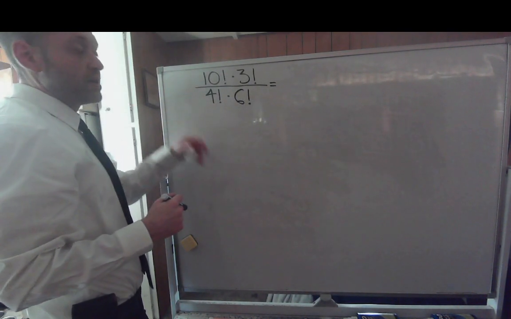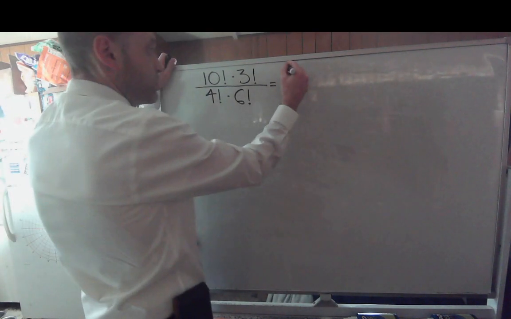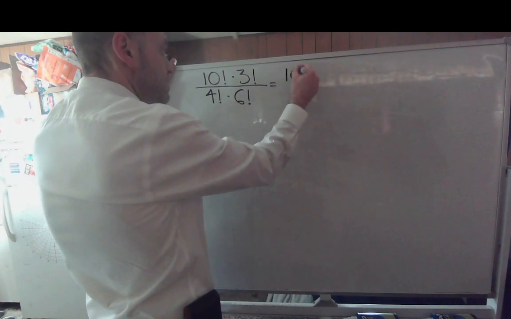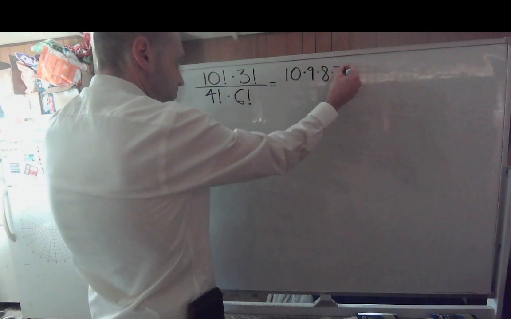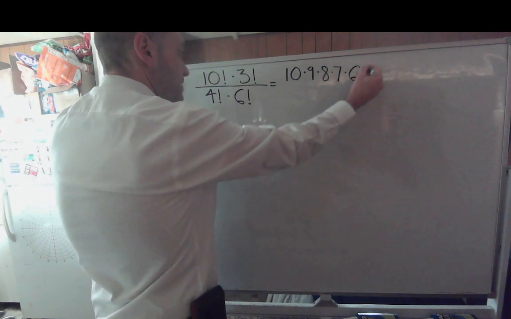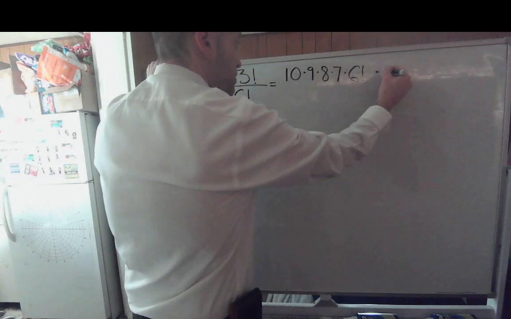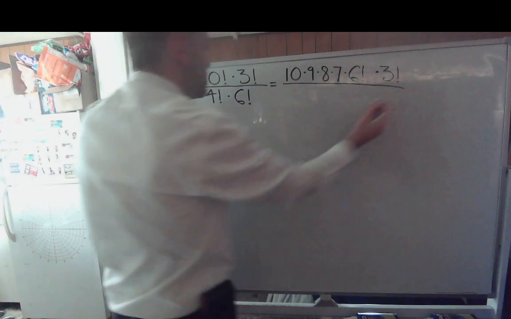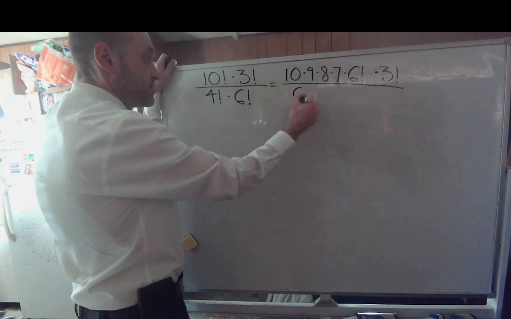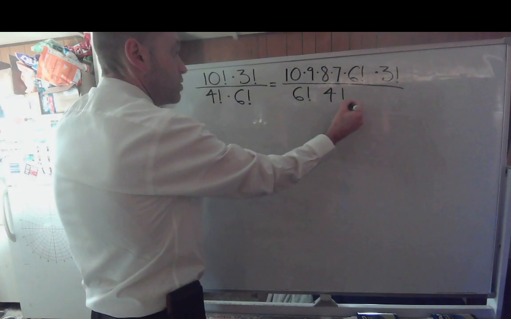That tells me that we should probably expand that 10 factorial down to 6 factorial, in the way that you would get 10 times 9 times 8 times 7 times 6 factorial. You could stop there. Then you still have your times 3 factorial, all that divided by your 6 factorial times your 4 factorial.